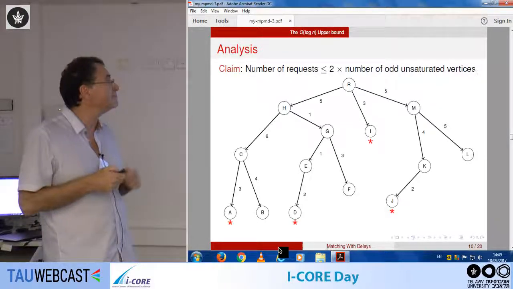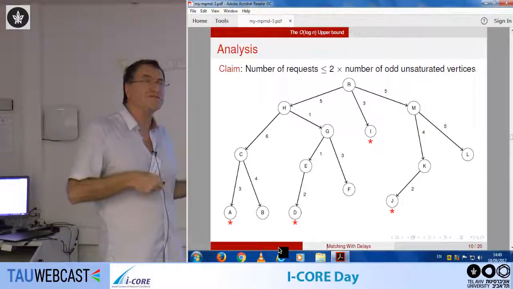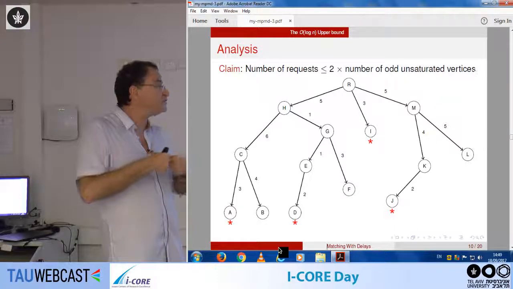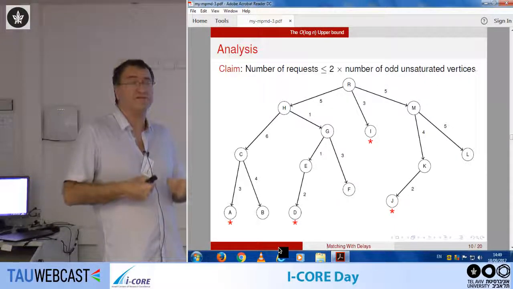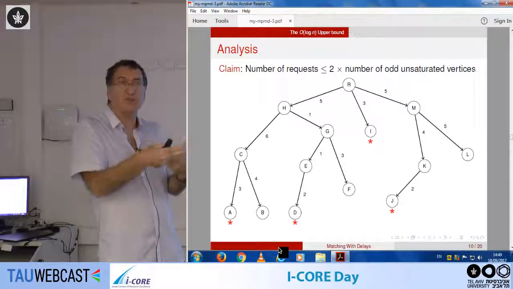Let me explain what it means. An odd unsaturated vertex is a vertex whose counter is going to increase, because if it's odd, it's going to increase. If it's even, it's not. If it's saturated, then it reaches its maximum, so it's not going to increase.